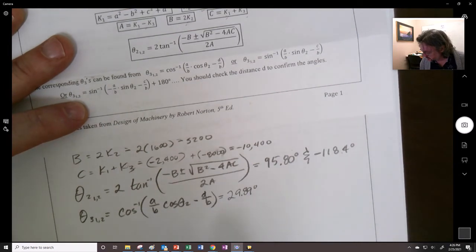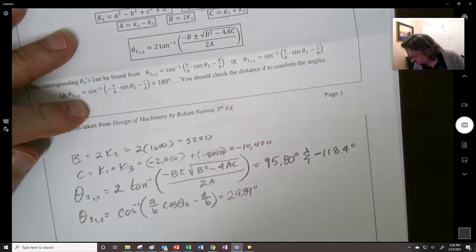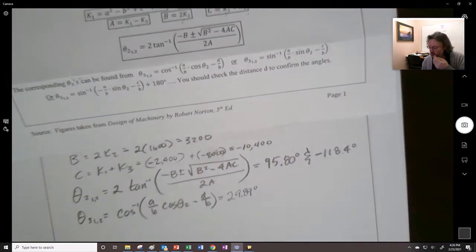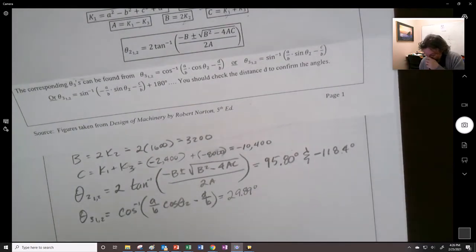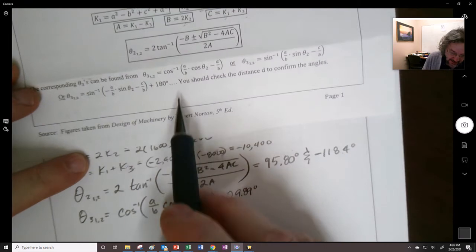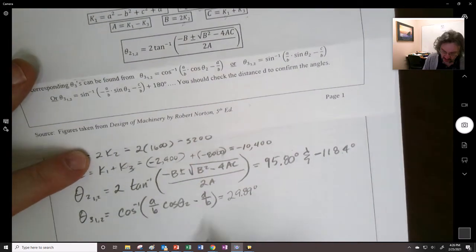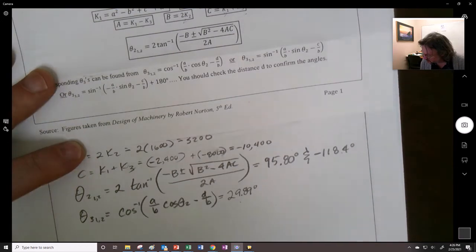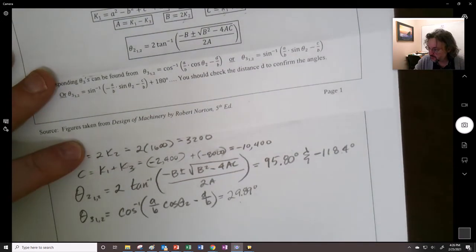Let me double check something here. When we check this, we can use it to find D right there. One second here.